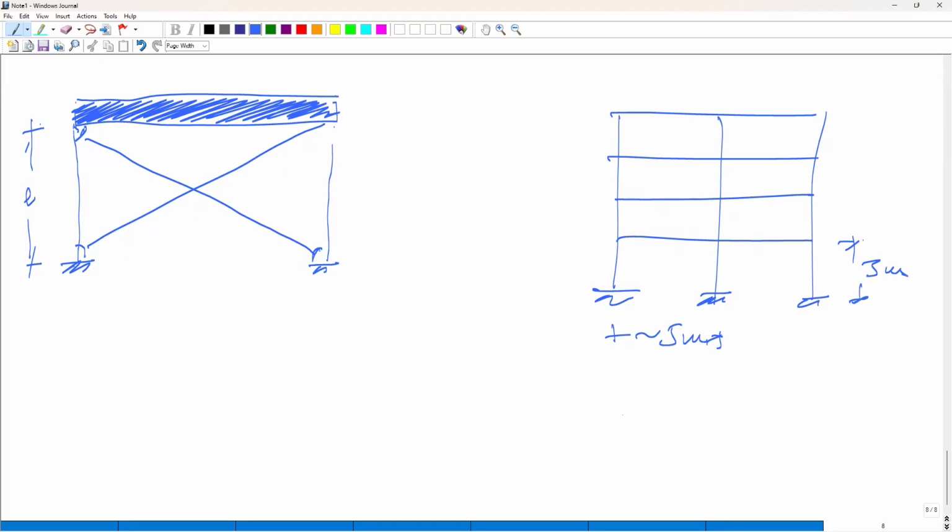Let's say that for example at the top floor, your columns can easily be 300 millimeter by 300 millimeter. At the top floor, you just have the top floor slab plus, if you have a terrace on the top, something.